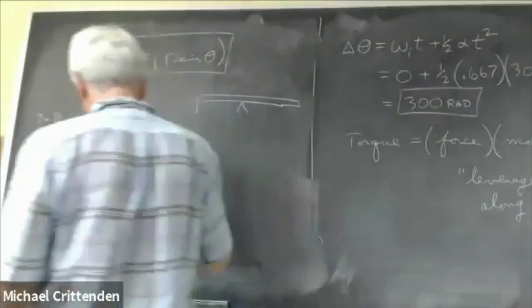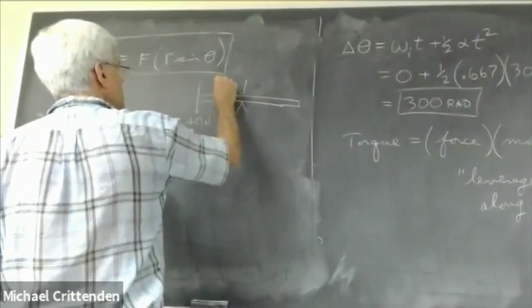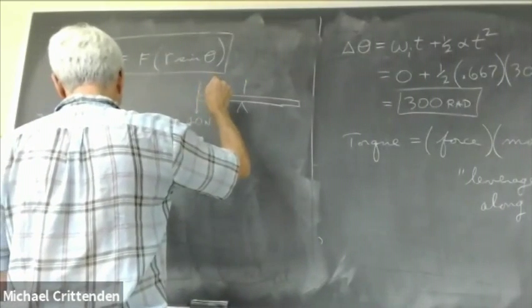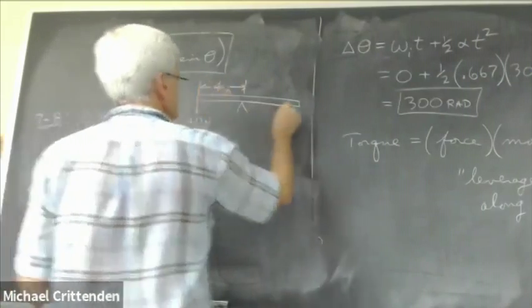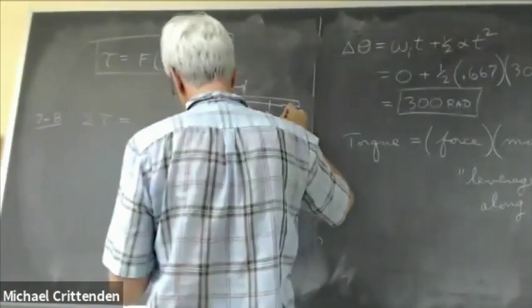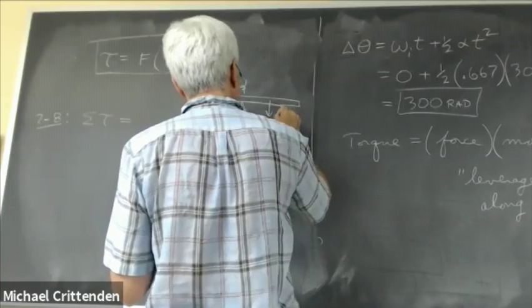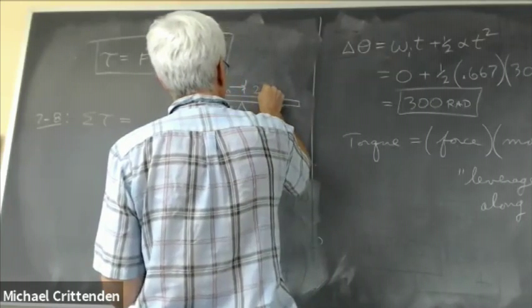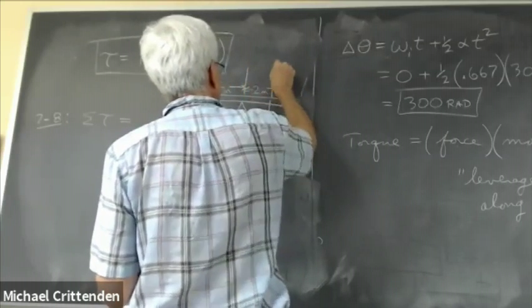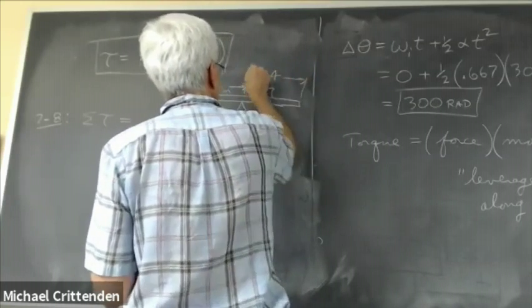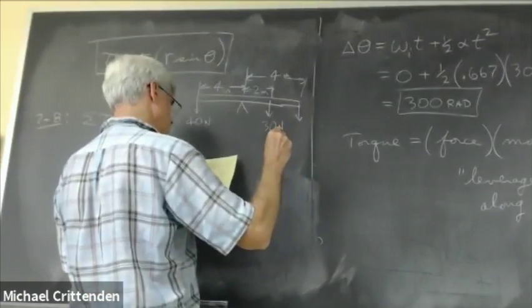This one was 40 newtons, 4 meters away. Here we had 30 newtons, 2 meters. Four meters and 15.